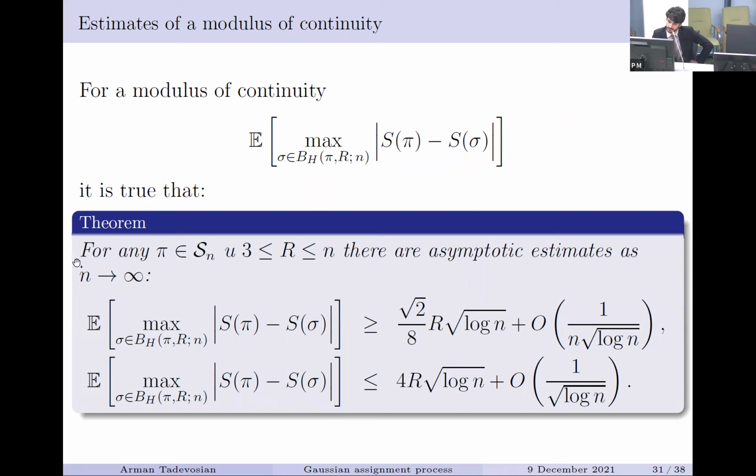So I will formulate the theorem once again: for any permutation pi and radius r from 3 to n, they are asymptotic estimates when n approaches infinity. Expectation of the modulus of continuity is actually not less than square root of 2 over 8 times r times square root of log n, and this thing is not greater than 4r times square root of log n.